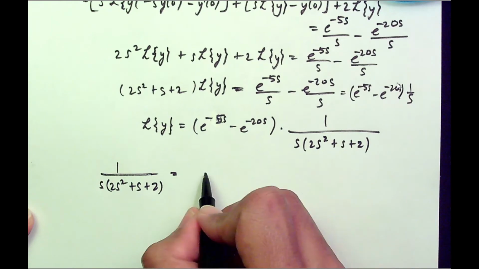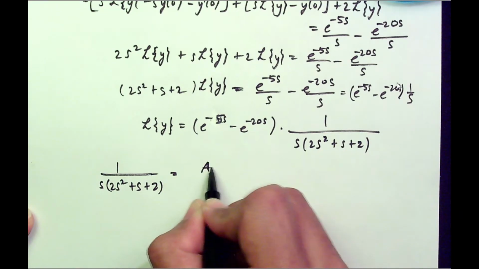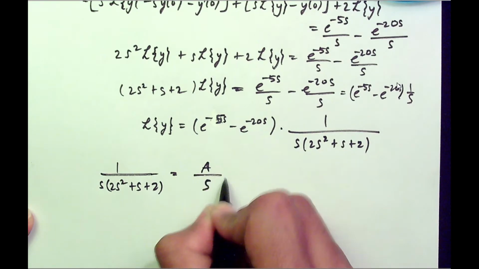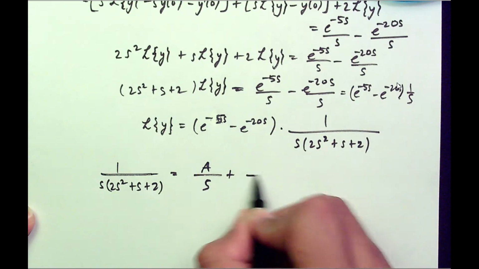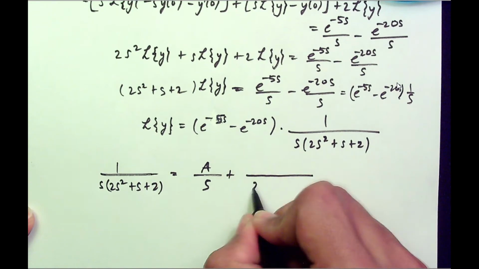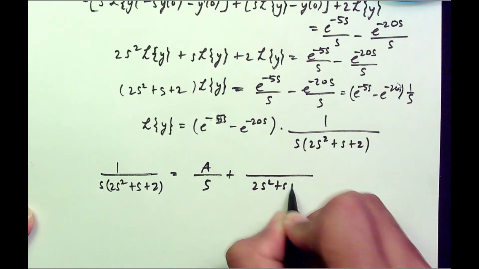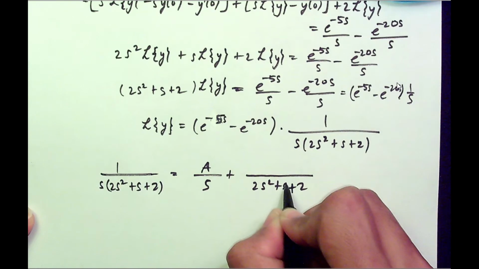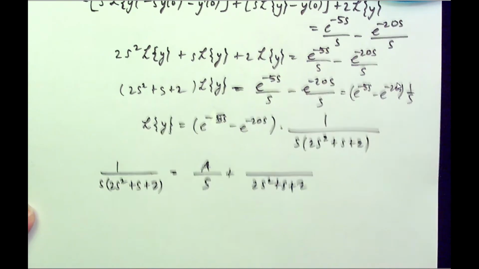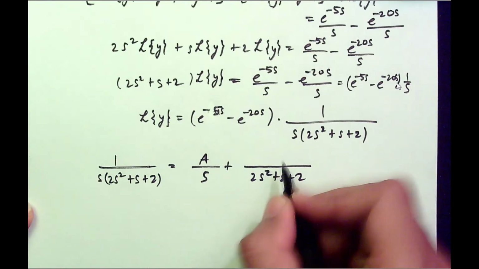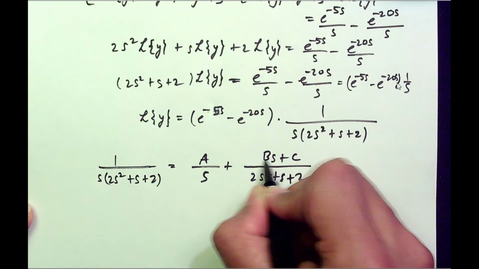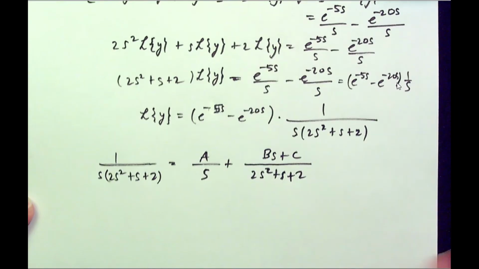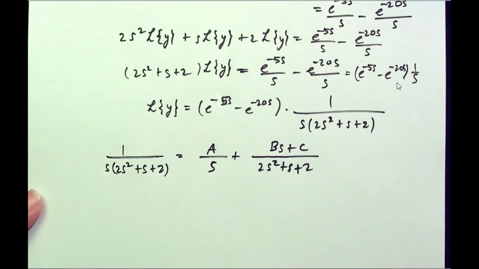That means this breaks up as A over s plus, and since this one doesn't factor, that's just going to be the bottom. And the top has to be a polynomial of degree 1 less, so a linear polynomial, which means it's going to be of the form Bs plus C. So that's going to be the partial fraction decomposition.